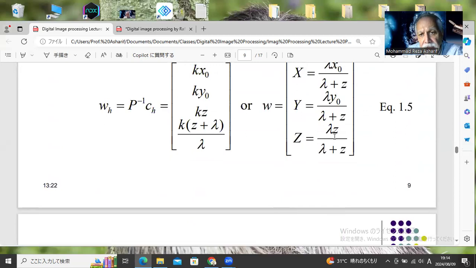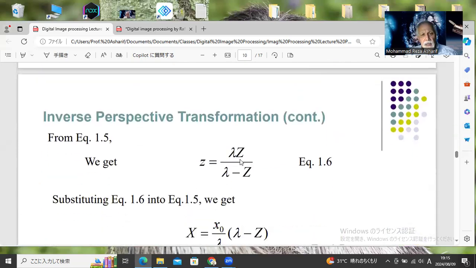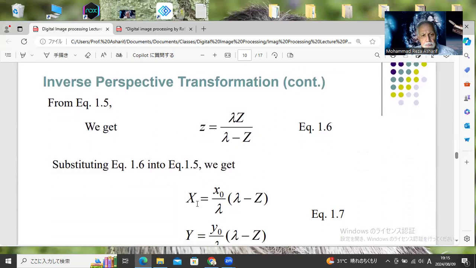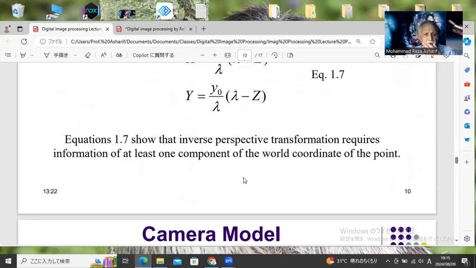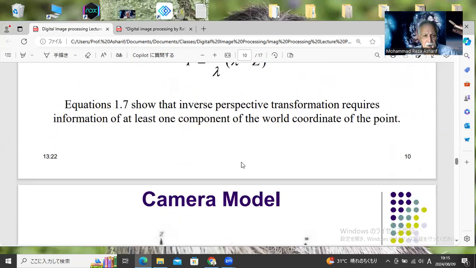The last one is the free variable z. We calculate small z from the upper Z, put it in here, and find the equations like this. X is this, y is this, which is the same as the perspective coordinates.